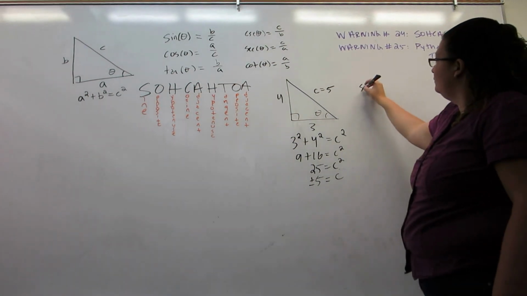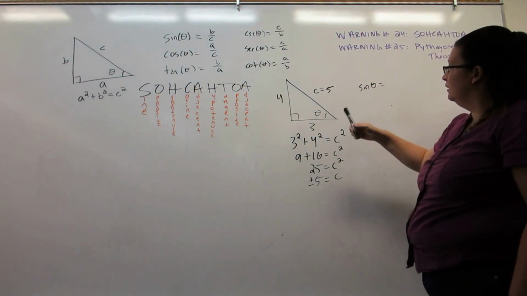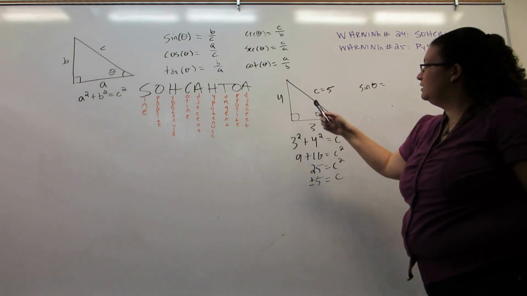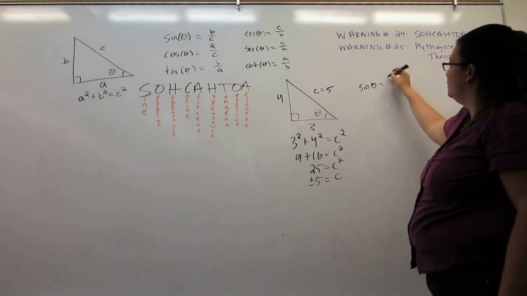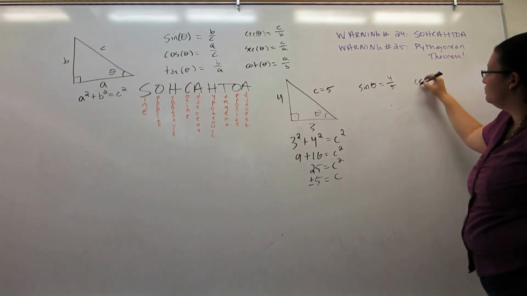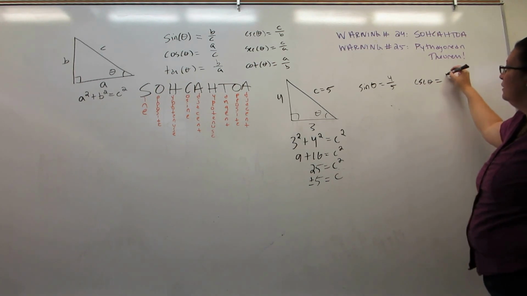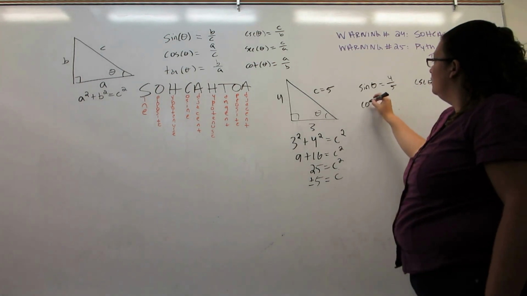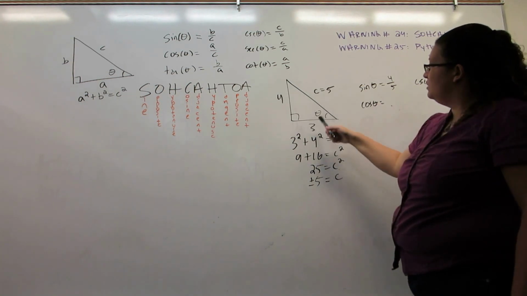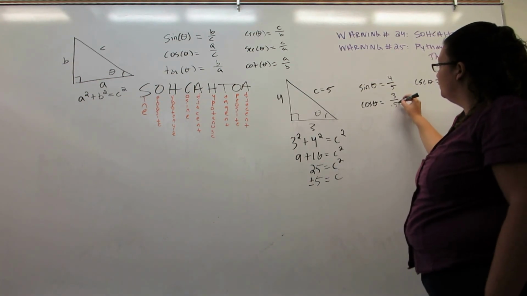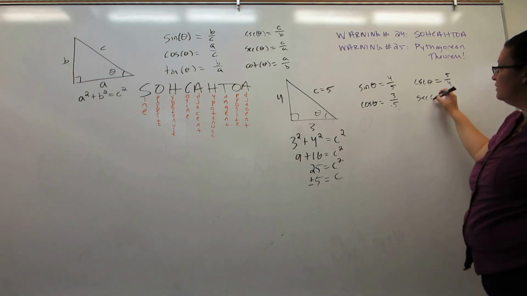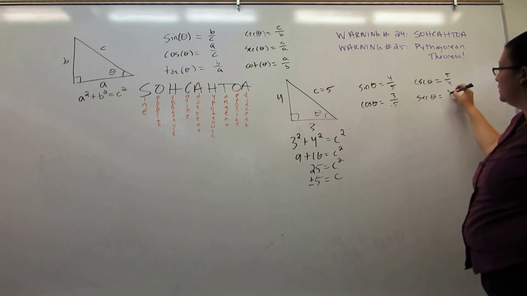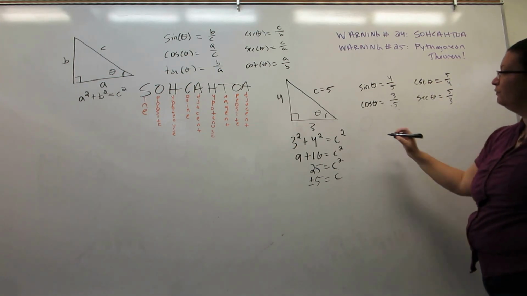So now, the sine of theta will be opposite over hypotenuse, 4/5, which means that the cosecant of theta is 5/4 because it's just the reciprocal. The cosine of theta is adjacent over hypotenuse, or 3/5, which means that the secant of theta is the reciprocal, 5/3.